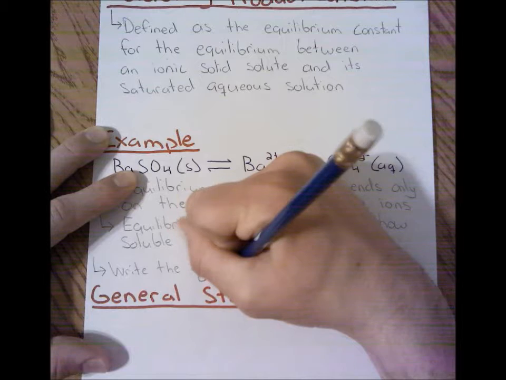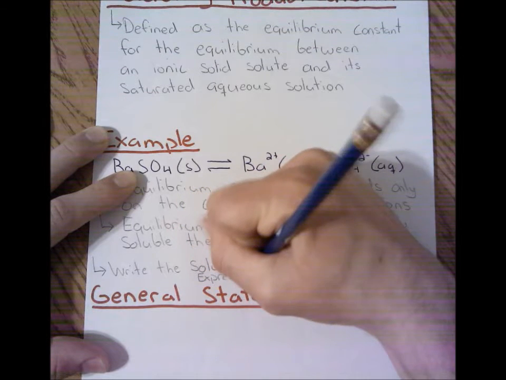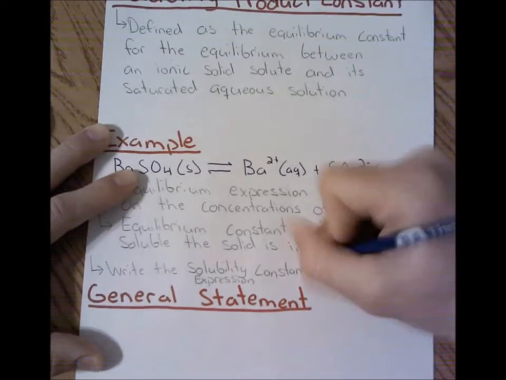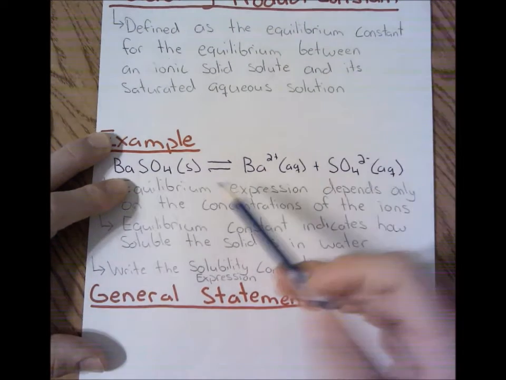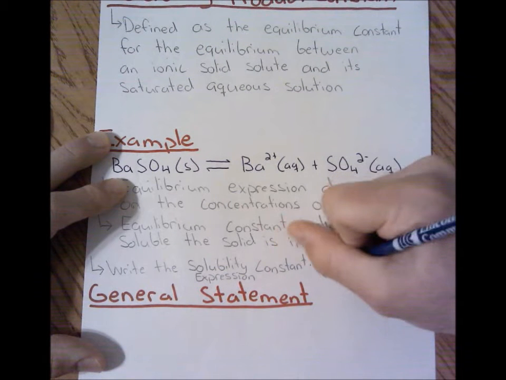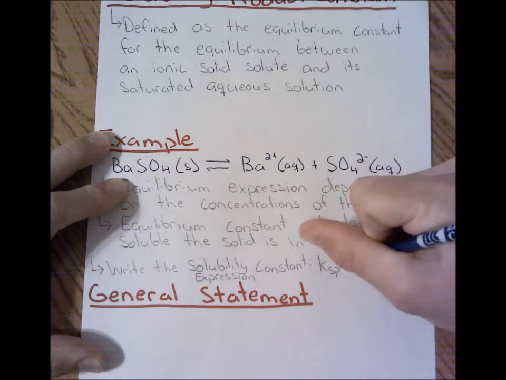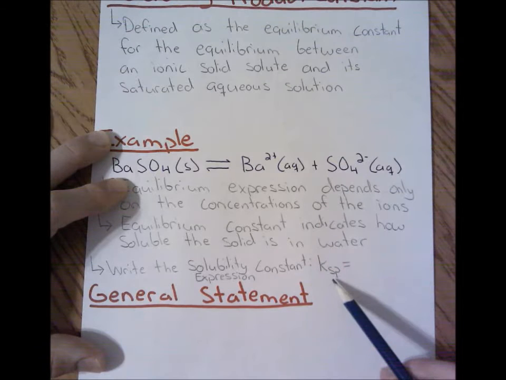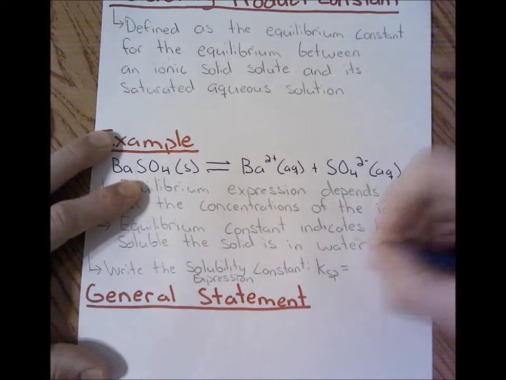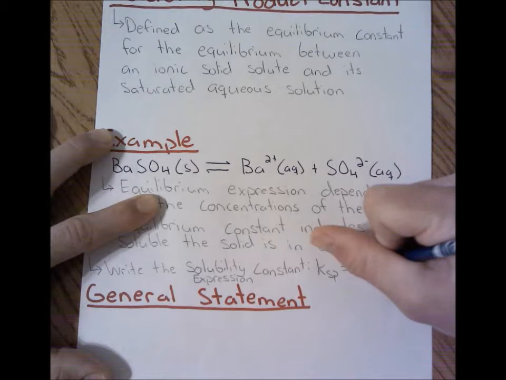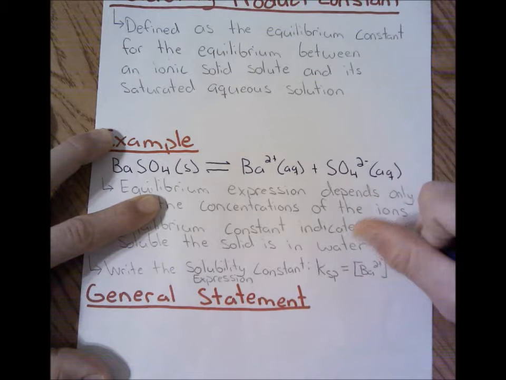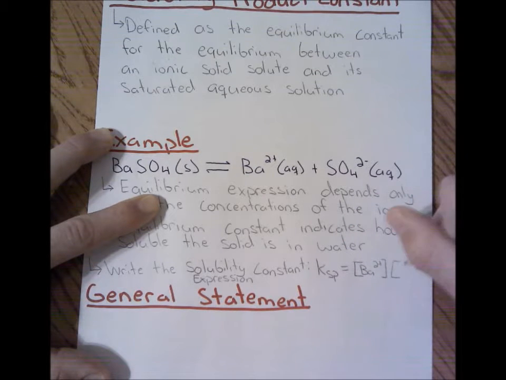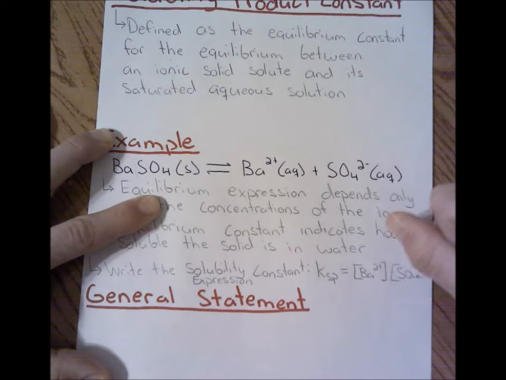I know it's squeezed into that space, but the solubility product expression for this equilibrium is going to be this: the KSP, which is the solubility product constant, is equal in this case to the concentration of the barium ions that are dissolved, multiplied by the sulfate ions that are also dissolved.